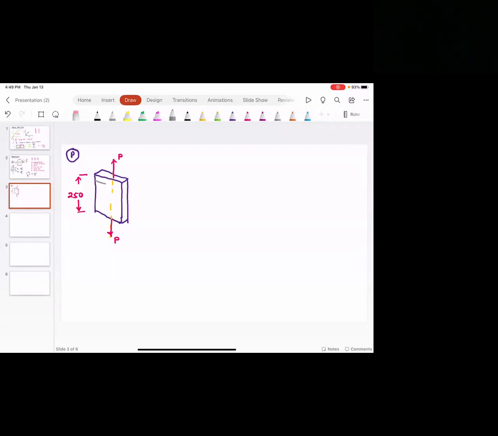The cross-sectional dimensions are 50 millimeters and 10 millimeters.